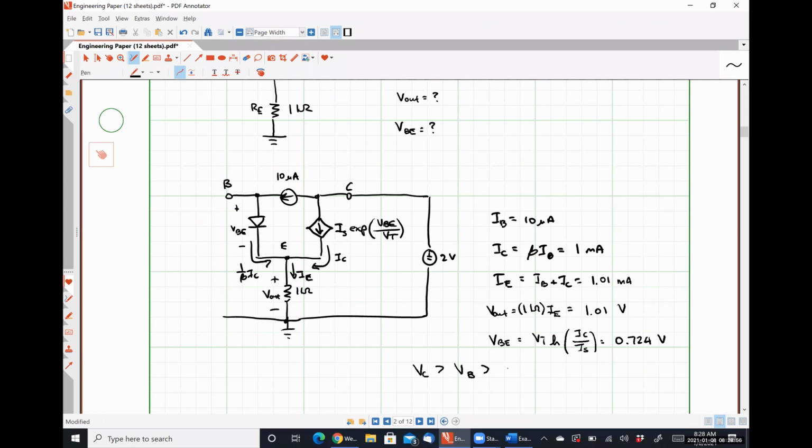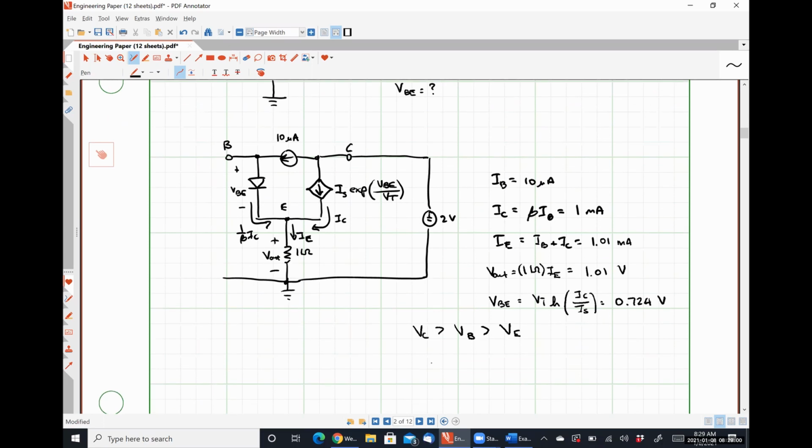So now we have the question: is VC greater than VB greater than VE? Or another way to ask it is, is VCE greater than VBE?